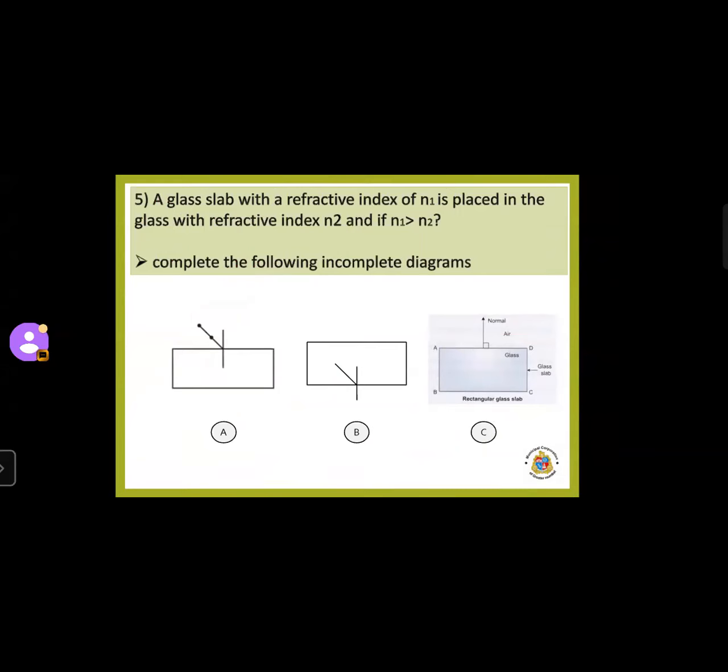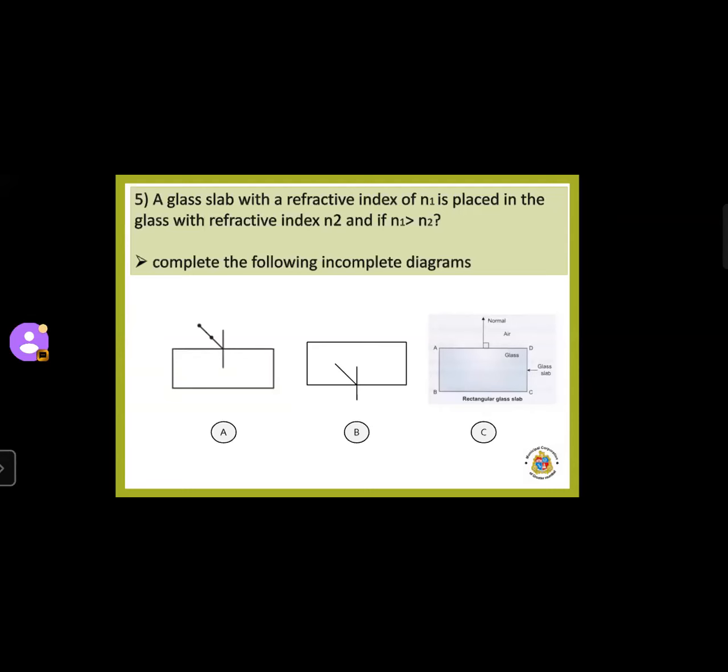Here a diagram is given where the incident rays are there. You have to complete the diagram. The question is: a glass slab with refractive index N1 is placed in a glass slab with refractive index N2, and N1 is greater than N2.